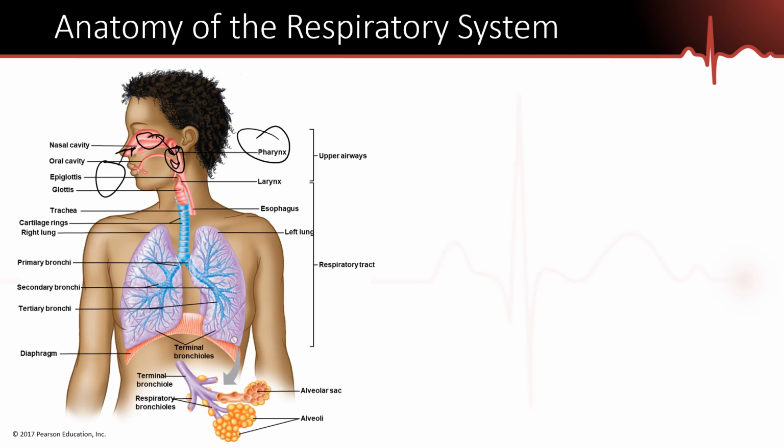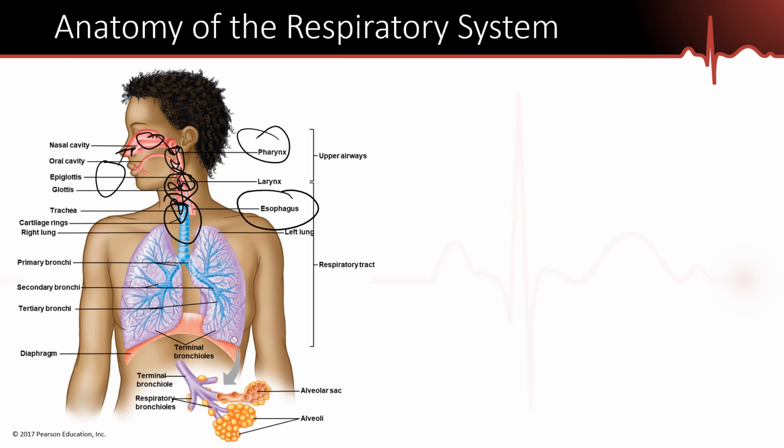When the air is at the bottom of the pharynx, it could technically go in two different directions. It could either go down the esophagus, which leads to the stomach, or it could go through what's called the larynx, or the voice box, down into the trachea, also known as your windpipe.